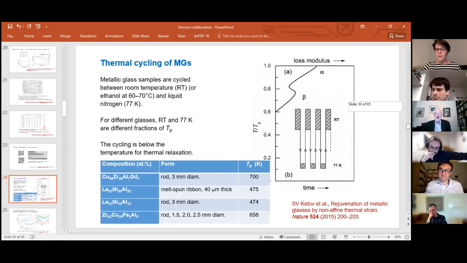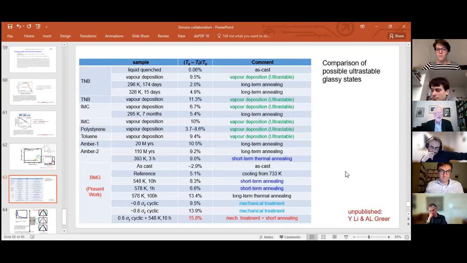Yeah, so thank you for raising the point about vapor deposited metallic glasses, because people in the metallic glass community for some time have been interested in looking for ultrastable glasses by the Wisconsin-Madison route, if I could put it that way.